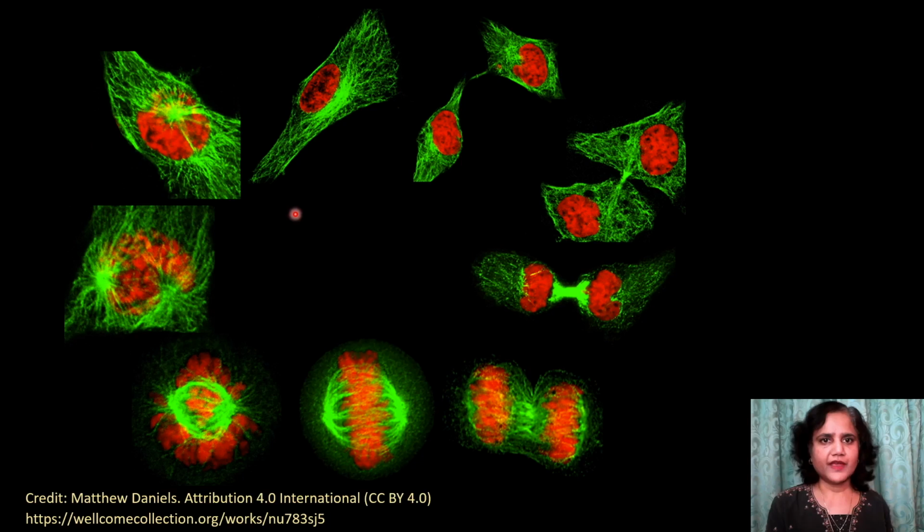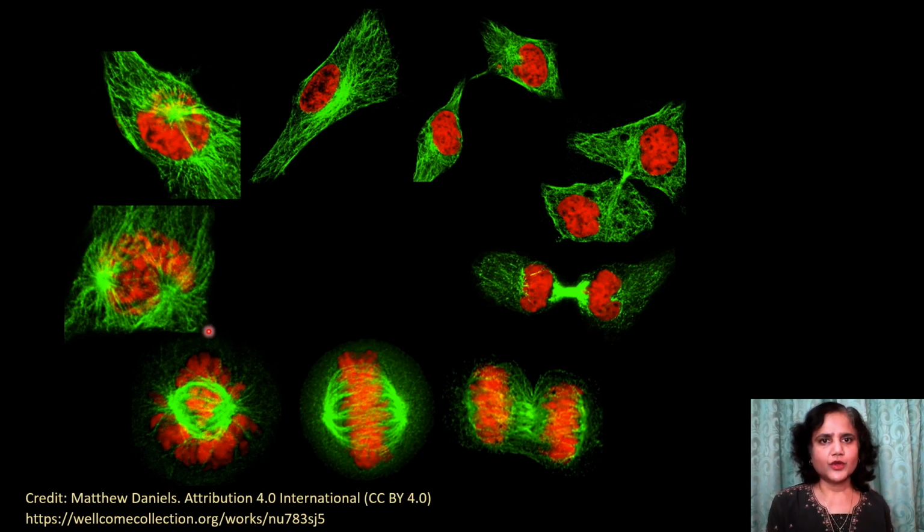The different phases are early prophase, where you can start seeing the chromosomes appearing in this filamentous form, but here the centrosome is not yet separated. But in late prophase, you can see that the centrosome has separated, and you can see more of the DNA condensation has occurred, and also the nuclear envelope breakdown has occurred here. So you can see the chromosomes, they are more spread out.